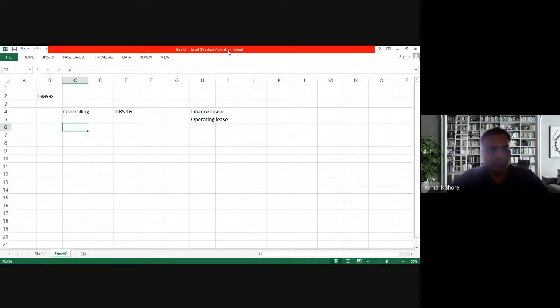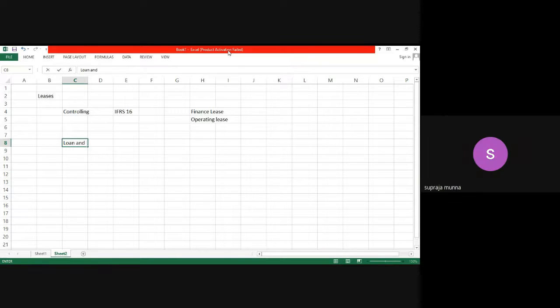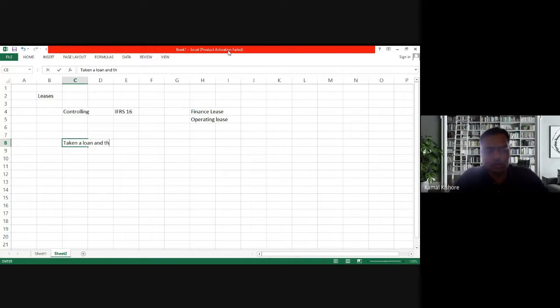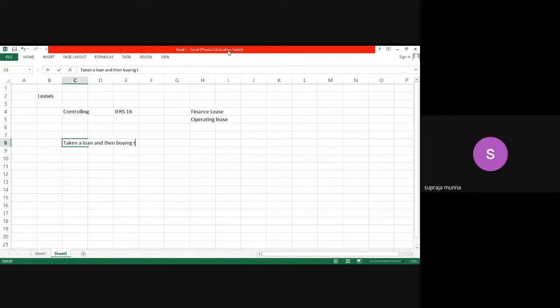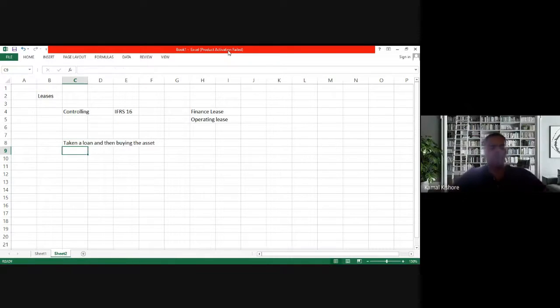When I'm controlling the asset, it is as if I've taken a loan and then bought the asset. That is why you are recognizing a liability as well as a right-of-use asset.